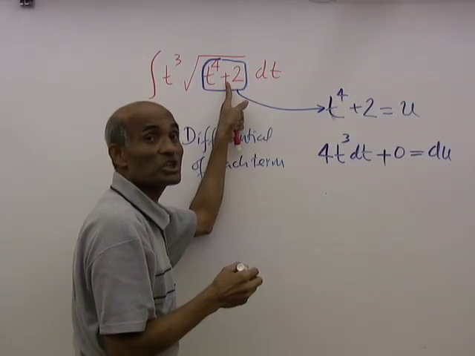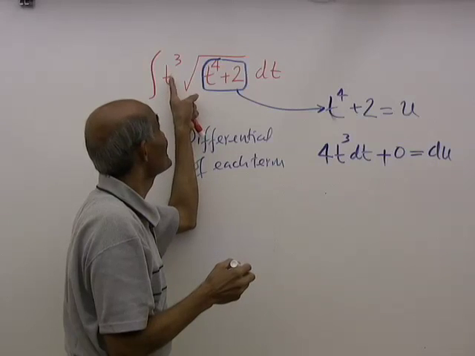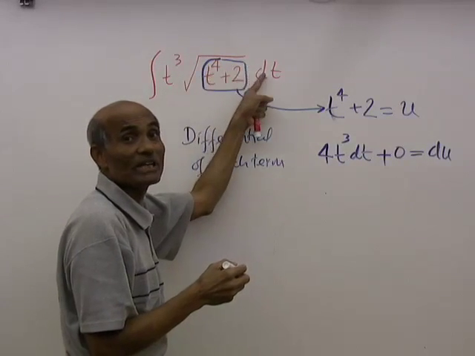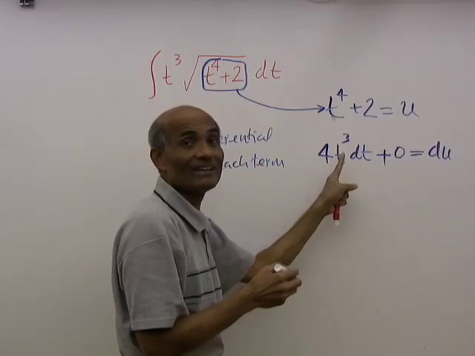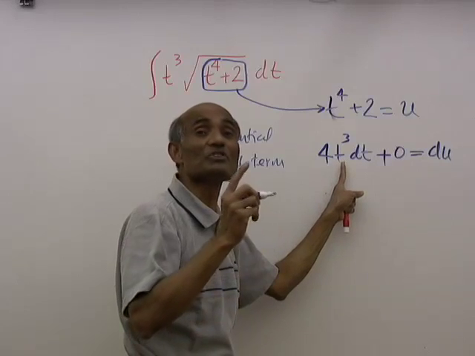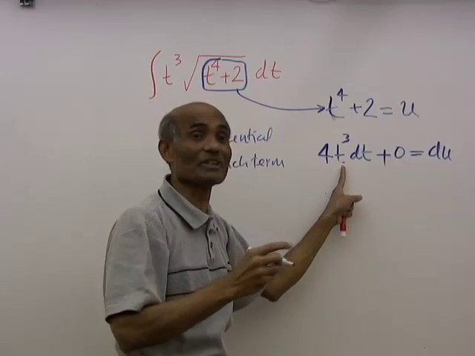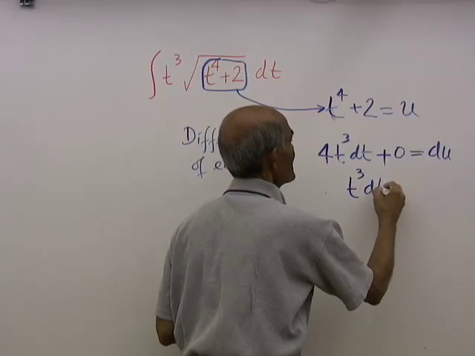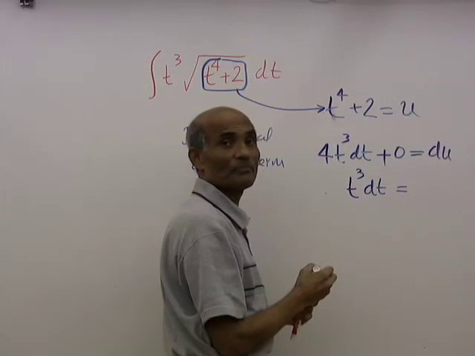What are the remaining terms? The remaining terms are t cubed times dt. T cubed dt. Now look at this here. There's a t cubed dt here. So what we need to do is solve for that quantity. Therefore, what is t cubed dt equal to?